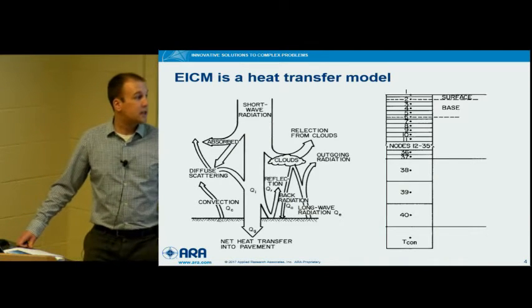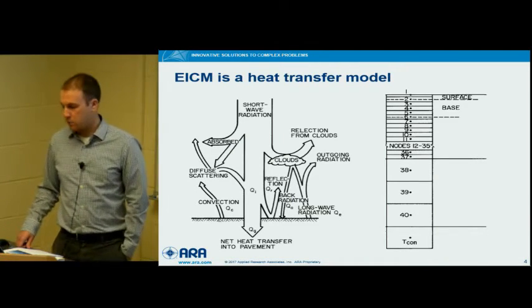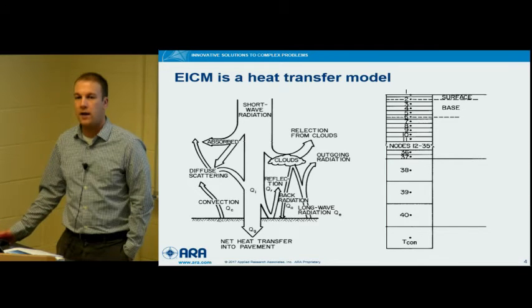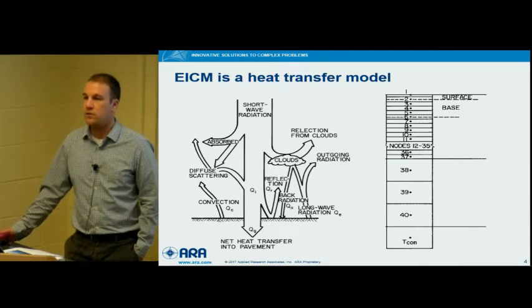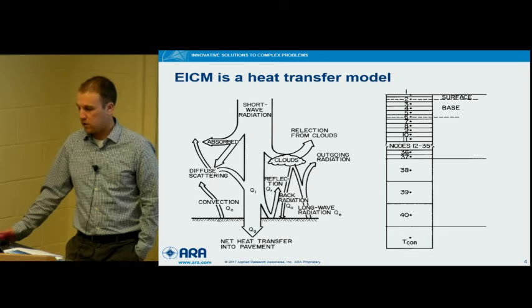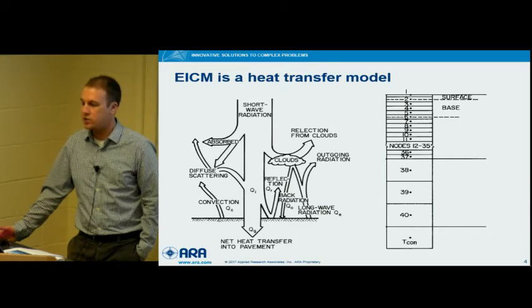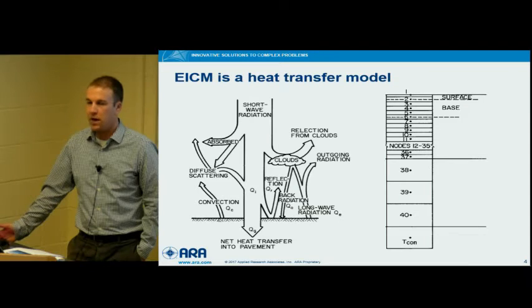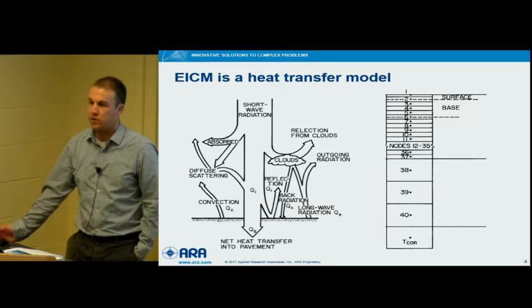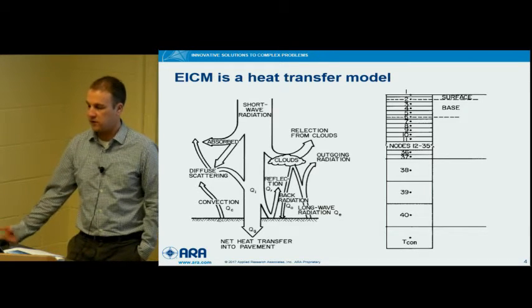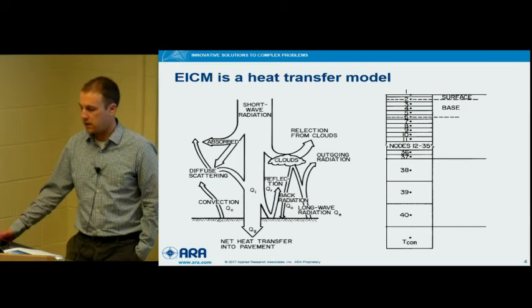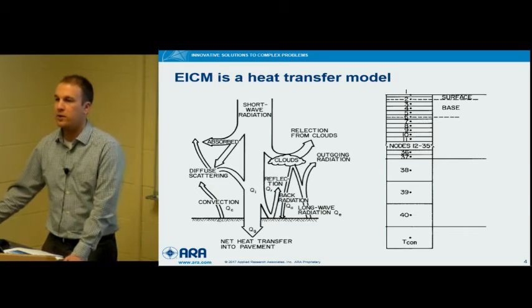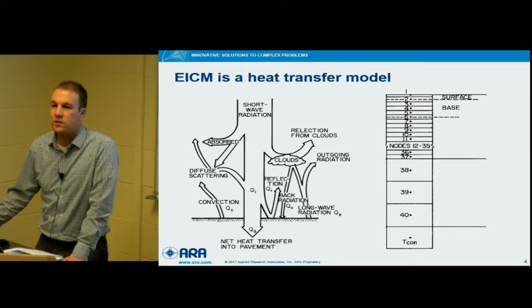The EICM, Enhanced Integrated Climatic Model, is a heat transfer model that simulates changes in pavement and subgrade properties. It uses rainfall, solar radiation, cloud cover, wind speed, and air temperature at the pavement surface, and then predicts pavement temperature, resilient modulus adjustment factors, pore water pressure, water content, frost and thaw depths, and frost heave throughout the complete pavement and subgrade profile for its entire design life.